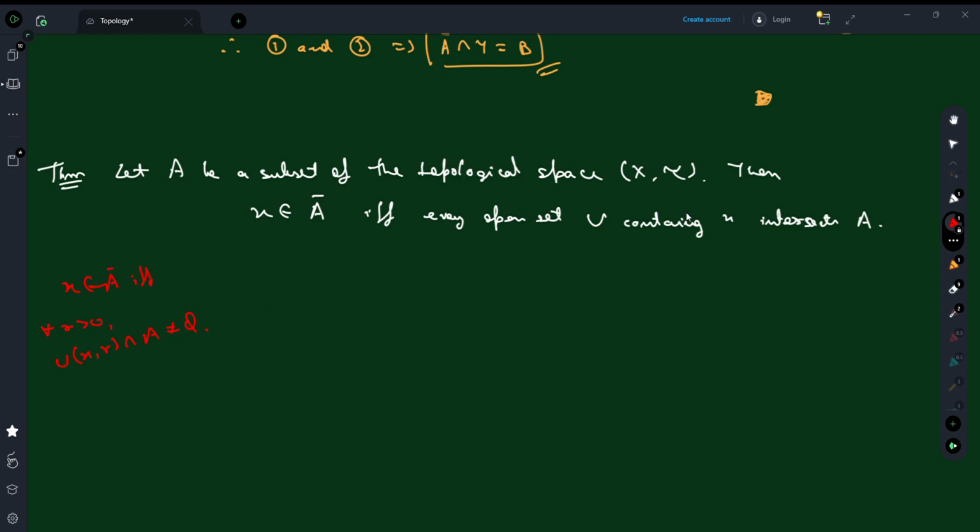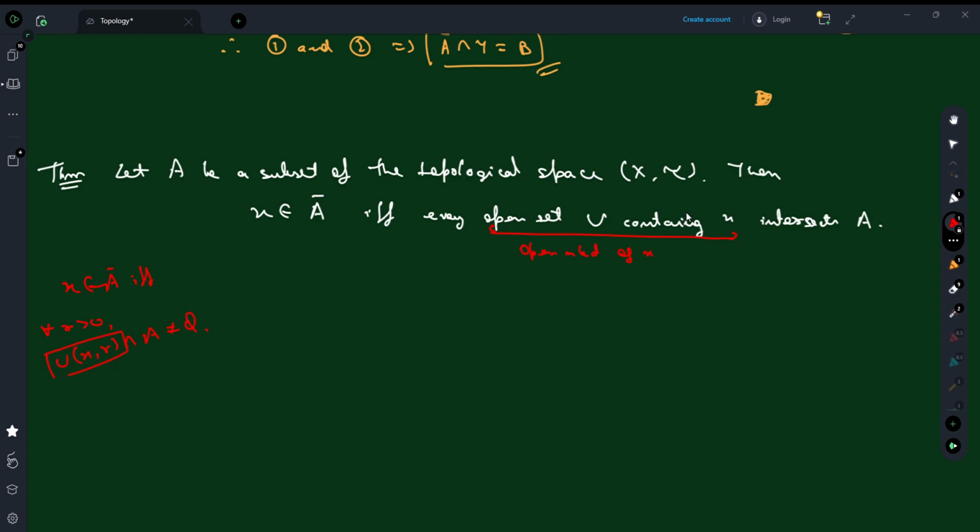This is what we are actually proving here, because if you consider all the open balls centered at x with radius r, that indeed gives you the collection of all the open sets which contain x. The open sets containing x are typically called the open neighborhoods of x. So this was indeed what we studied.